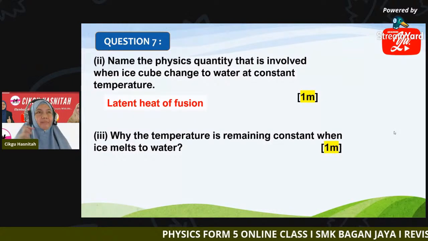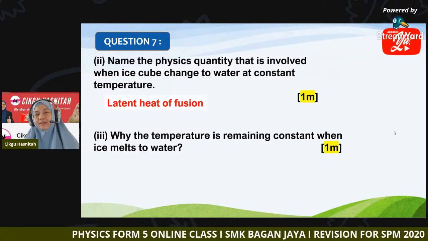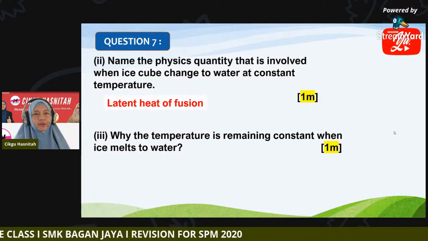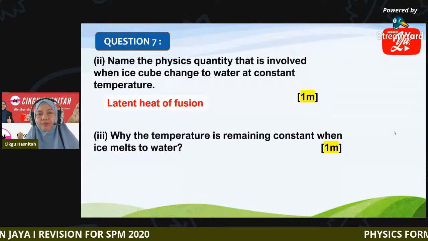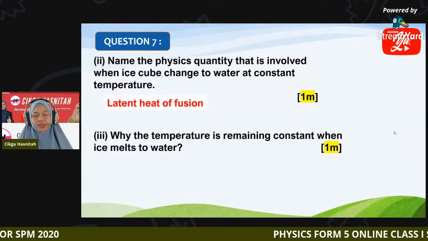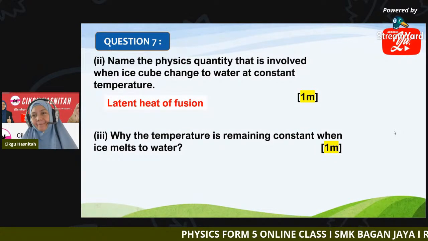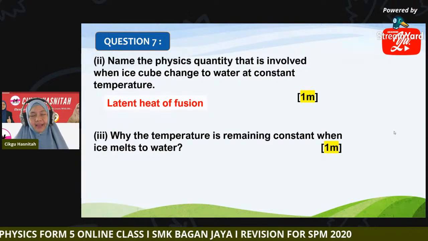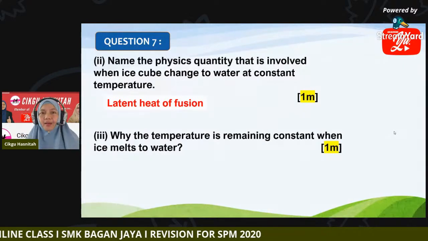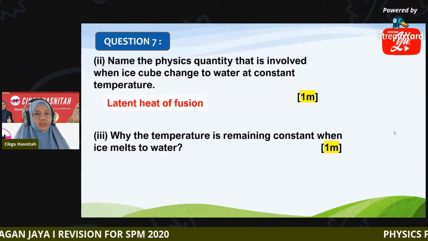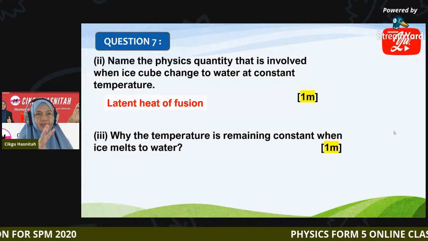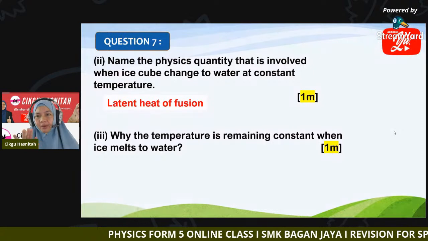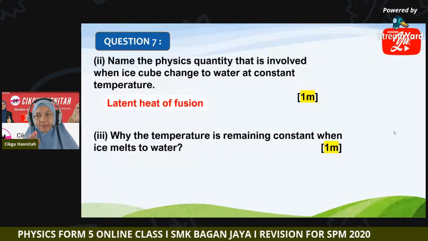Does ice melting into water involve absorption of latent heat of fusion or release of latent heat of fusion? Which one? Is it absorb or release? The answer is absorb. Okay, ice melting into water absorbs latent heat of fusion, but the temperature is constant. Yes, Vinci, Wei Liang, Dylan, very well, absorbs is the answer.